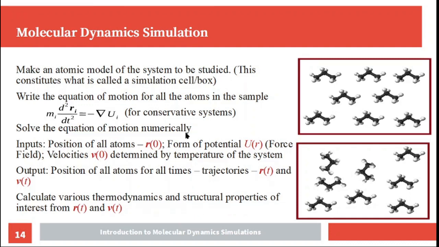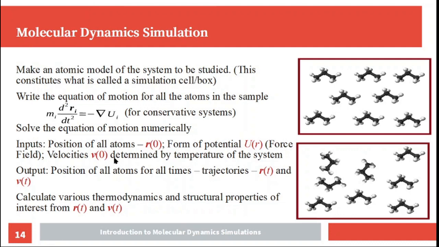So the input that you use in your computer is the position of all atoms, that is r at time t equal to 0. And you also need the form of this potential, which is also called the force field. You also need the initial velocities, v at time t equal to 0.